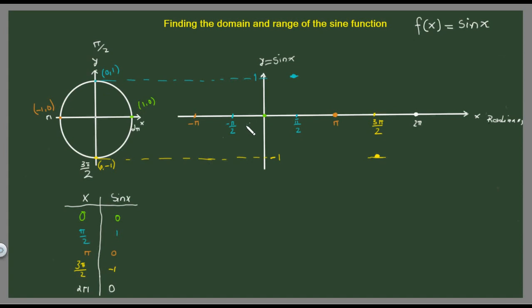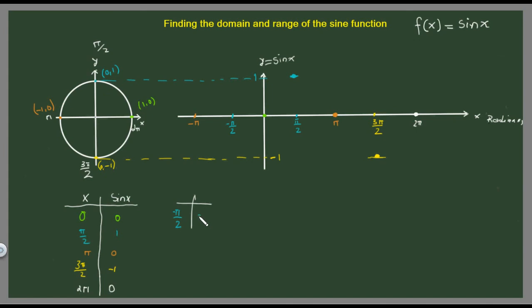And of course, if we want to represent the values on the negative side of x, we can continue our table's values by doing something like this and taking the value minus pi over 2, right? Minus pi over 2. This is here. So the y value of it is -1.